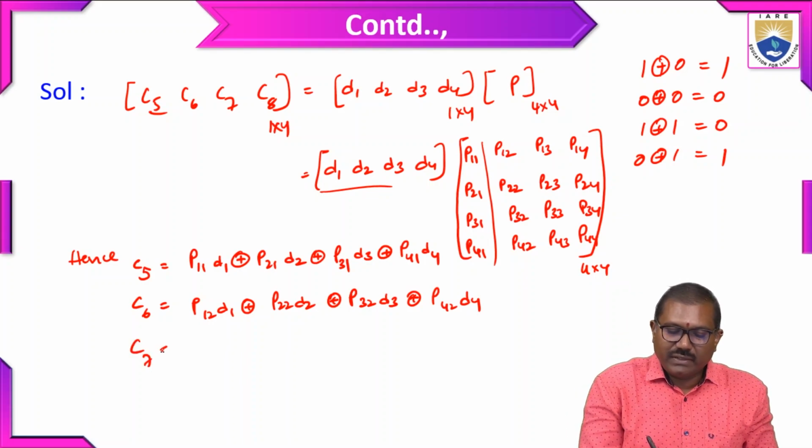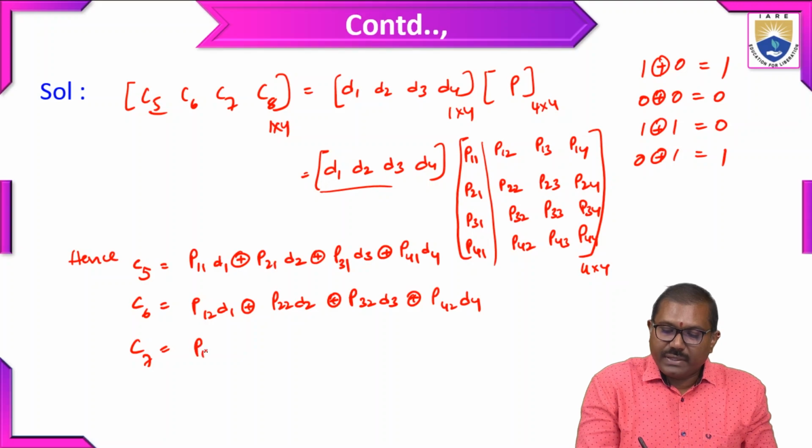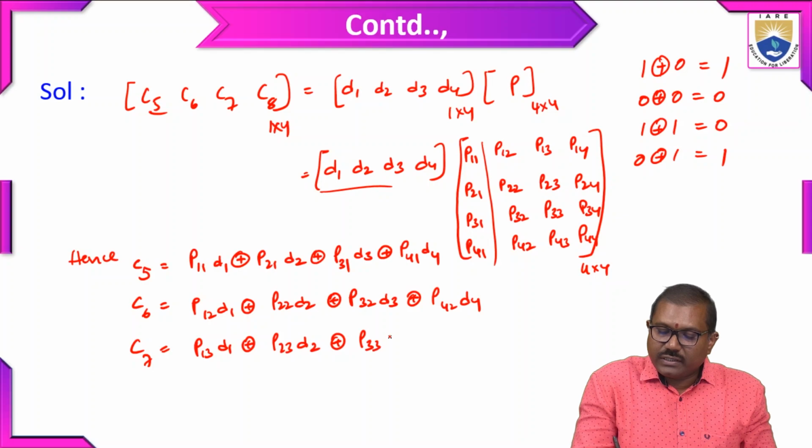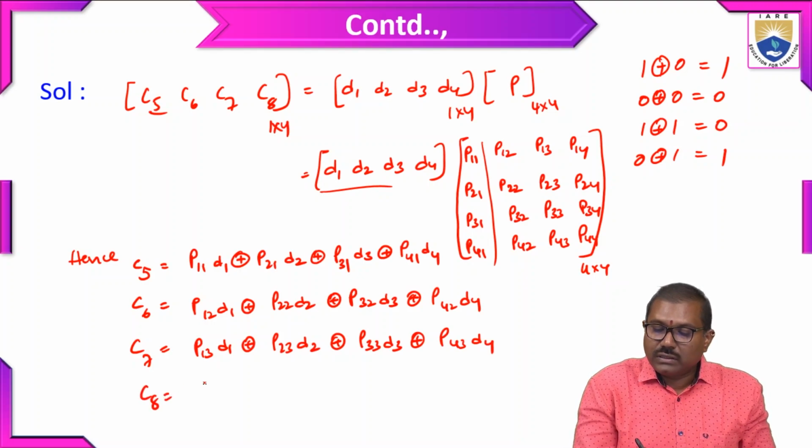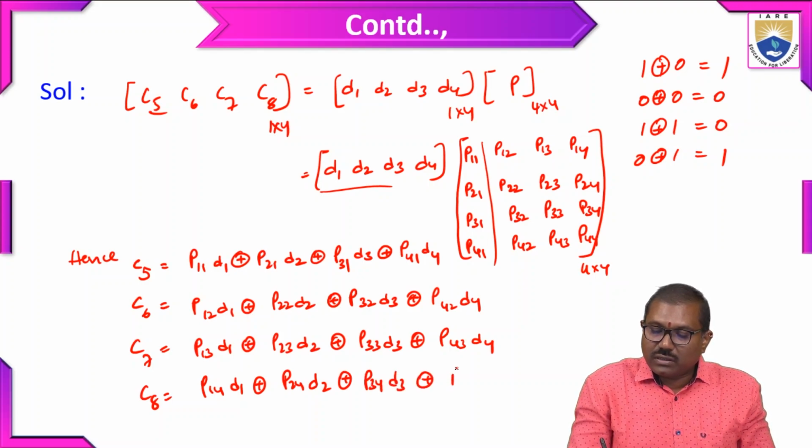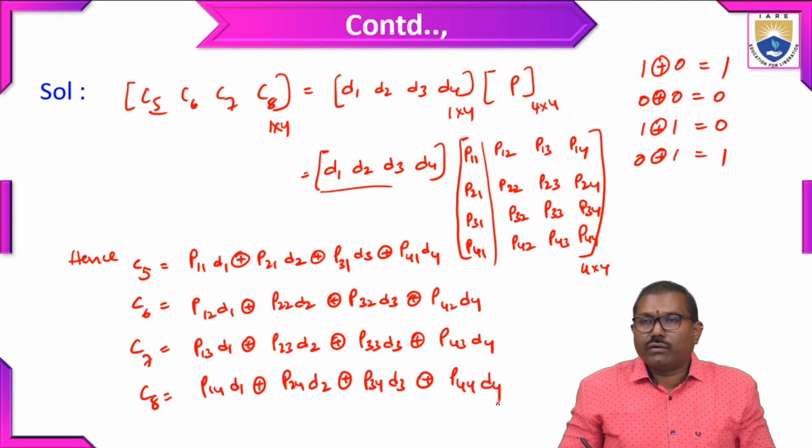And again C7, P13 D1, P23 D2, P33 D3 XOR P43 D4. And the last one is P14 D1 XOR P24 D2 XOR P34 D3 XOR P44 D4.